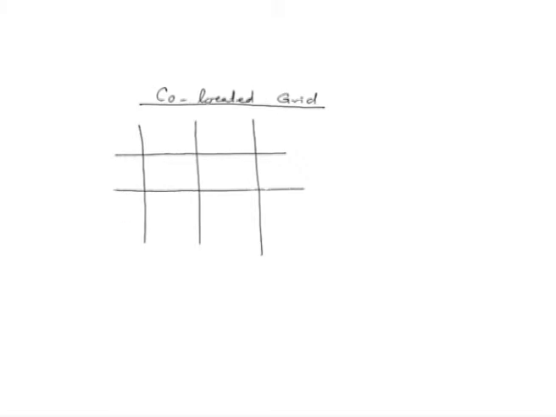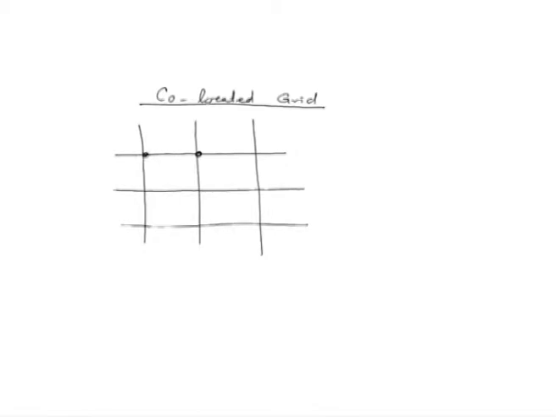So first let's take a case of structured grid which we might use in finite difference or finite volume formulations. And suppose we take, for instance, a vertex based grid. This is a finite difference or finite volume grid, vertex based.